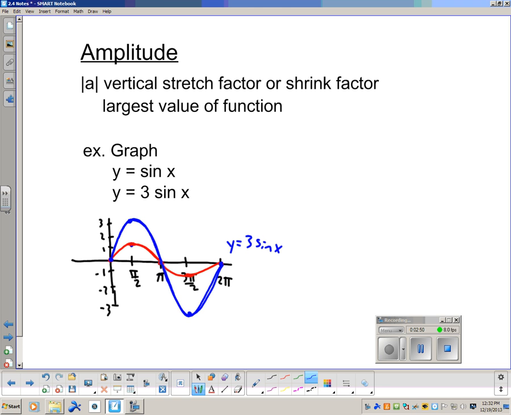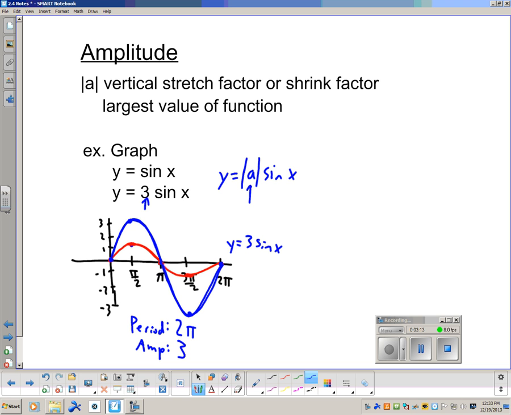So now if we were to actually answer the question, what's the period of the graph? The period of the graph, one nice little cycle there, lasts 2 pi. My amplitude is what's here in front. That's my a value. It's 3. So remember, it goes y equals a sine x, and this is always the absolute value.